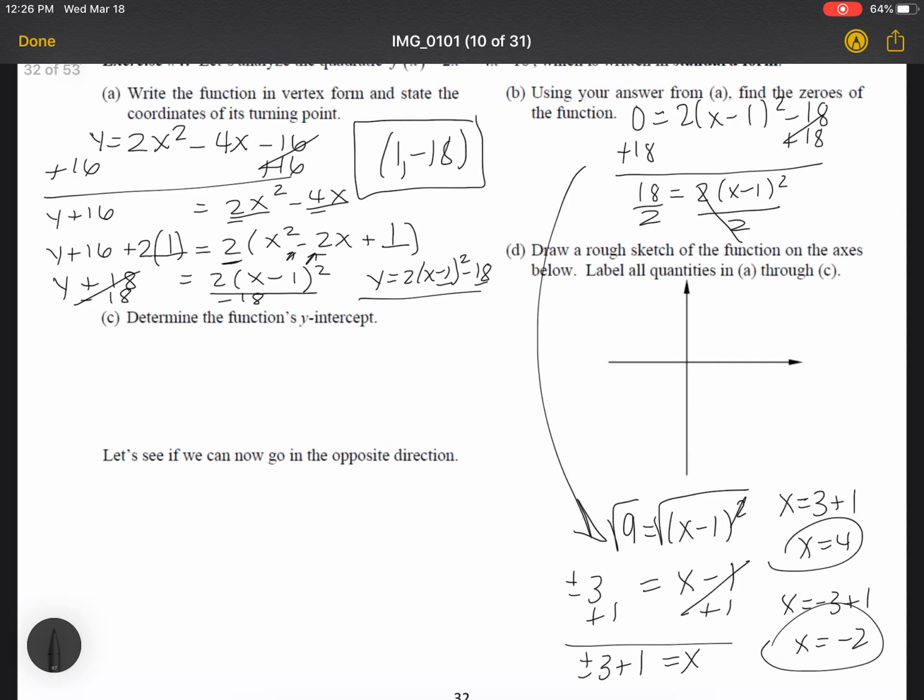Letter C says determine the function's y-intercept. A y-intercept is where the graph crosses the y-axis. Hopefully remember that at a y-intercept, your x value is going to be 0. So all we need to do is take our formula that was in vertex form, which is from letter A, and we're just going to plug in 0 for x.